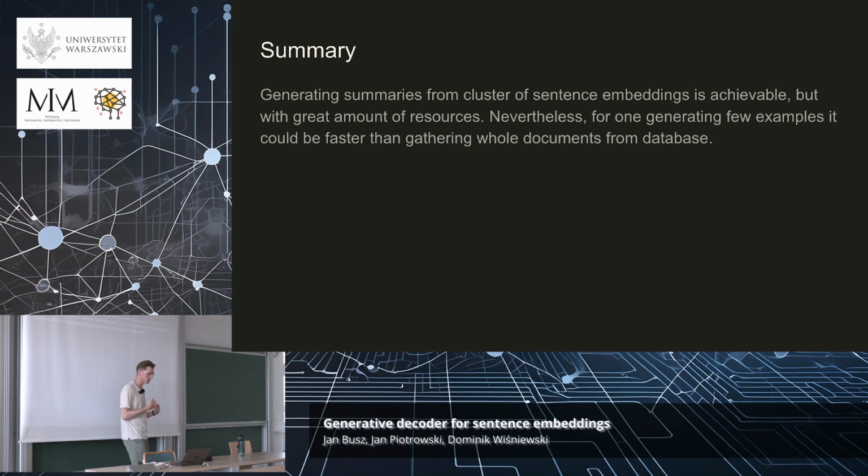And the answer is yes, but it depends, because for a big number of examples to evaluate, it doesn't make sense to use MCTS, and probably it's better to gather the data from a database. But for, I don't know, 1-2 examples per second, and this is a normal use of some databases, for example, to explore it, it could be used.